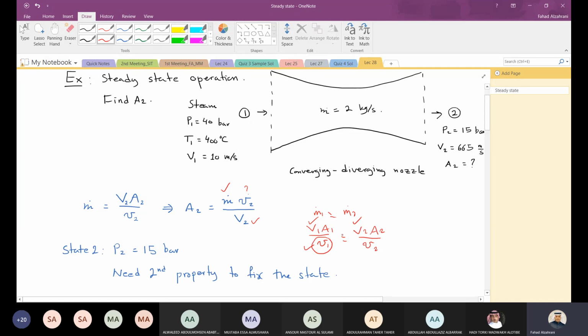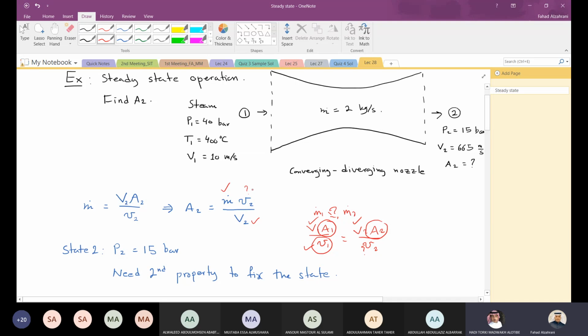Excellent, and this is what I need, v2, right? But what's missing? I don't know this one, and I also don't know this one. So this is not given, so I cannot use it. What other option do I have? This is good thinking and a good try. What else? Is there another way, maybe?